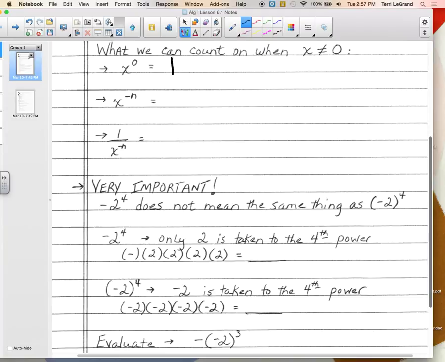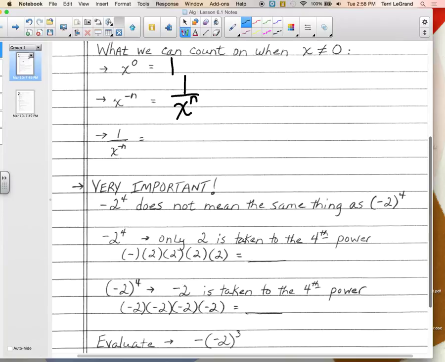Positive n and negative n? You guys can't make up your mind. Did you learn anything in Q3R? 1 over x to the nth power. So in other words, we make it into a fraction where n is no longer a negative n, it is now a positive n.